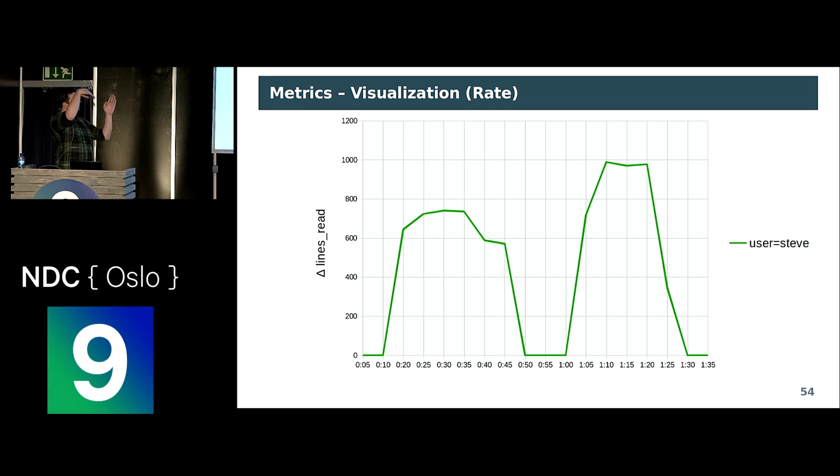In the first one, it drops off a little bit. And you would never have seen that if all you were doing was taking the entire duration of the operation and dividing it by the number of lines you read, because you would see the average for the whole operation. If you have this counter that's counting the individual operations, you can see how the rate changes.